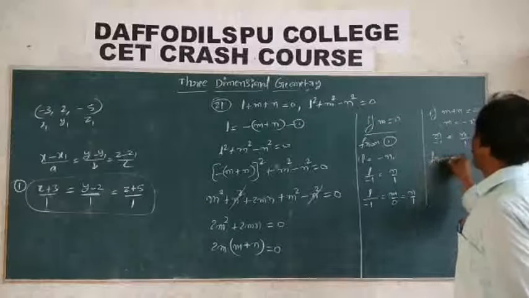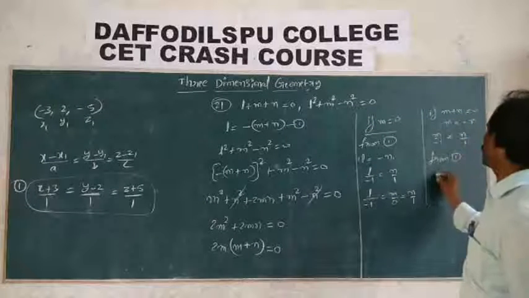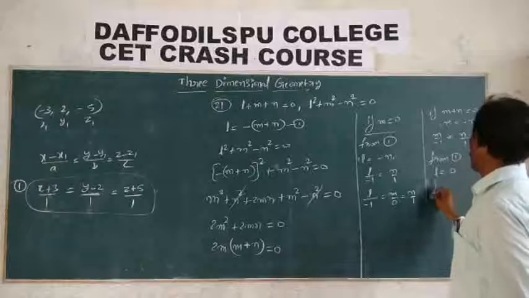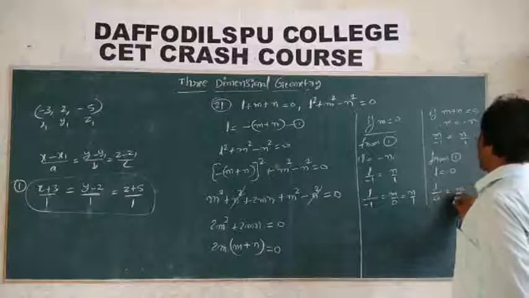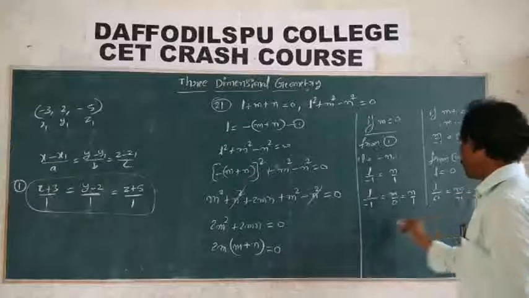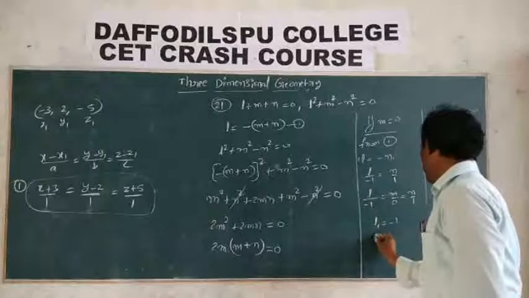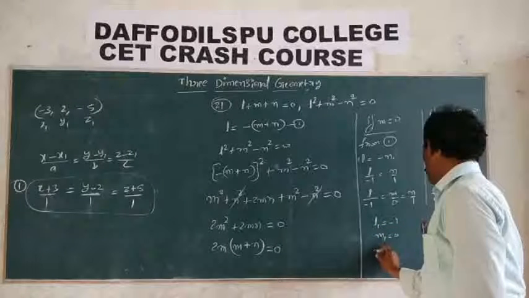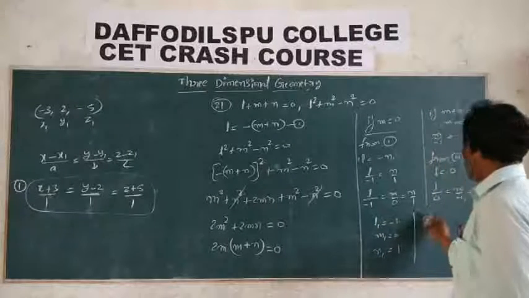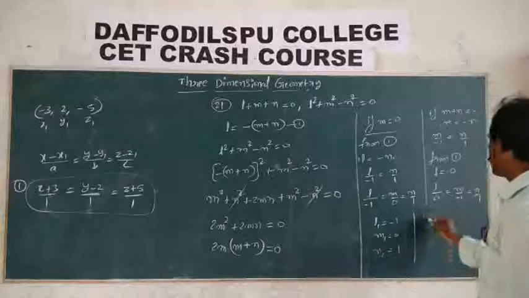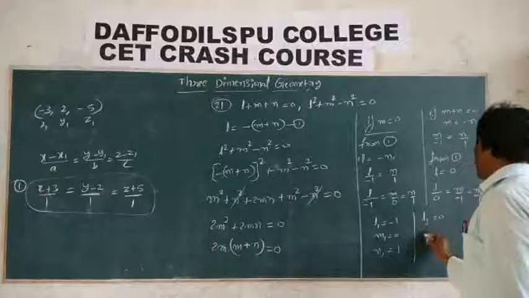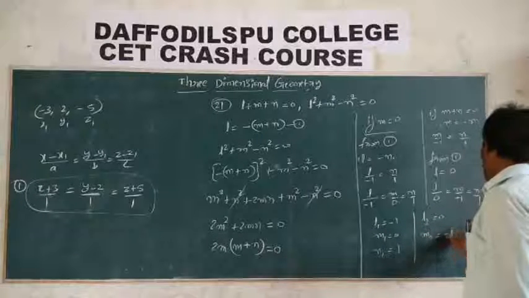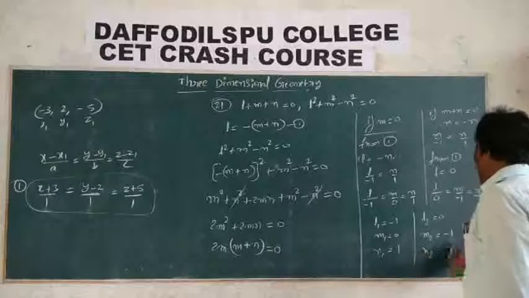From 1, m plus n is equal to 0, L is equal to 0. Therefore L by 0, m by minus 1, n by 1. Therefore L1 is equal to minus 1, m1 is equal to 0, n1 is equal to 1. And L2 is equal to 0, m2 is equal to minus 1, n2 is equal to 1.